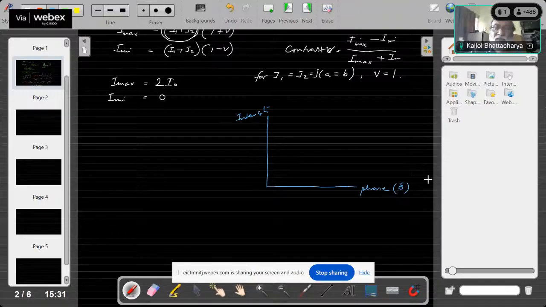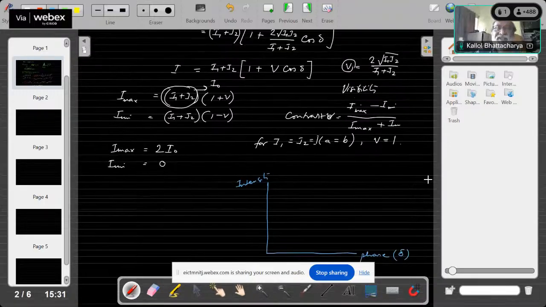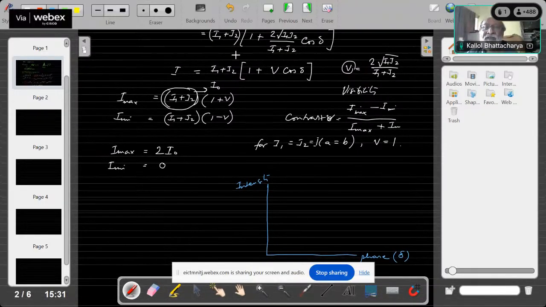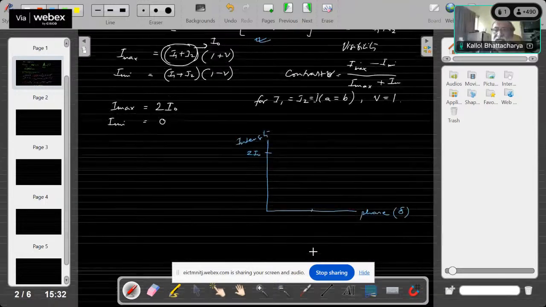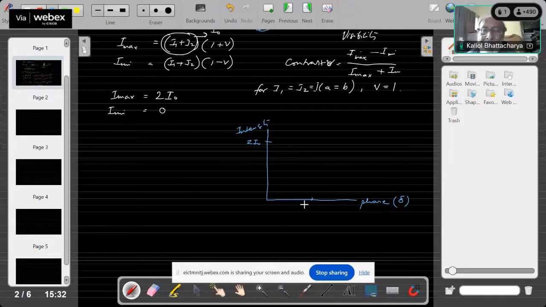From this equation you can see when delta equal to 0 and V equal to 1, the maximum intensity is 2 I naught. The minimum intensity is 0. When is it 0? It is 0 at delta equals pi.